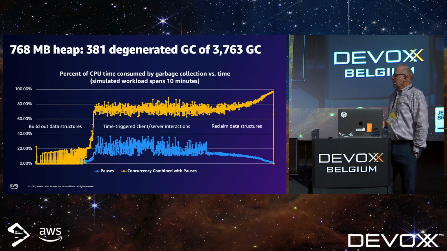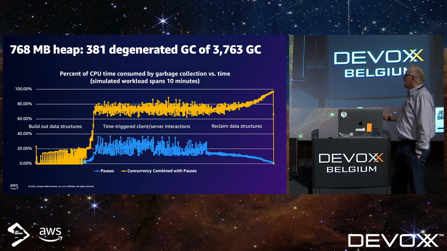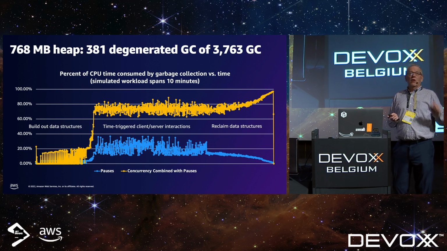So what's happening on that workload at the 768 megabyte heap is we get into this mode of operation where we are experiencing 381 degenerated GCs in 10 minutes of execution time, which is about 10% of our garbage collections degenerating. We're just losing too many races.